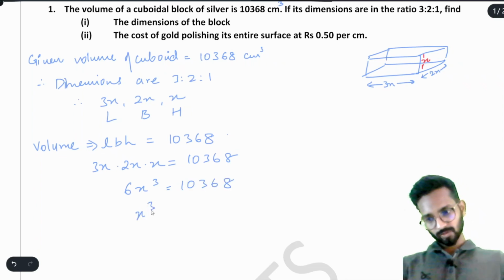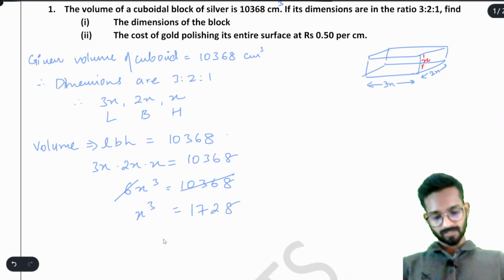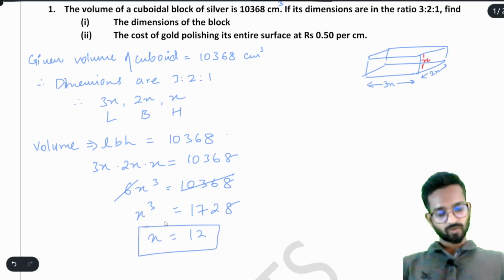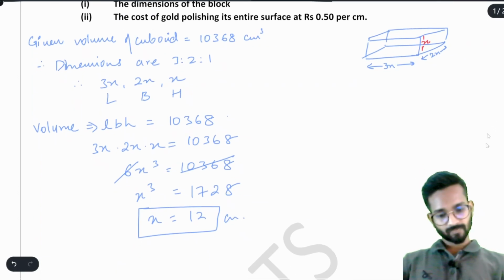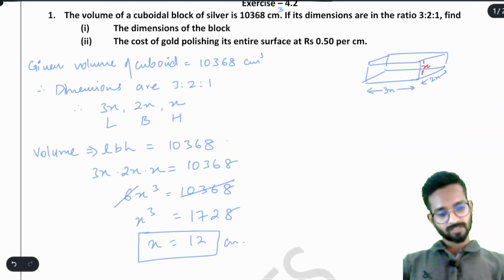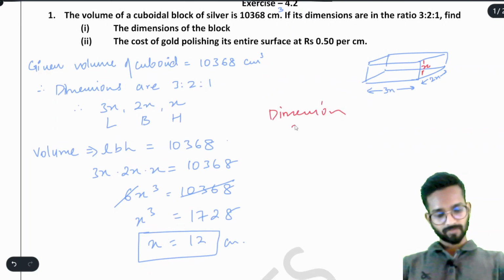So x cube will be 10368 divided by 6, which is 1728. So x will be 12. Now when x is 12 centimeter, we have found the dimensions: 3x, 2x and x means 36, 24 and 12.